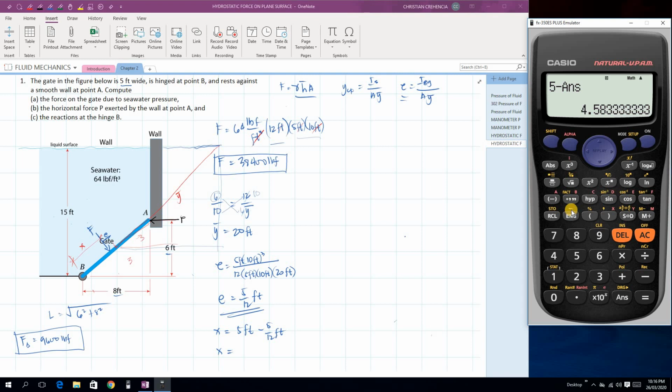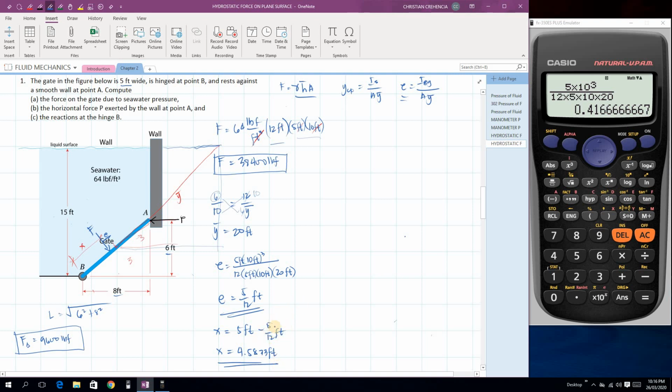So we have 4.5833. Okay, so this is our distance X.